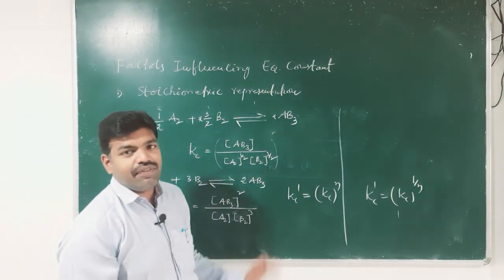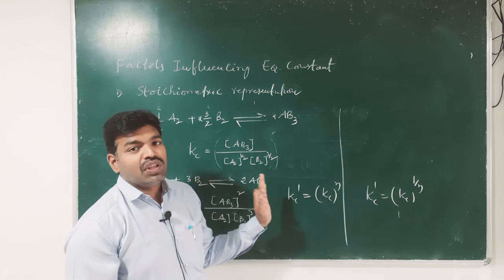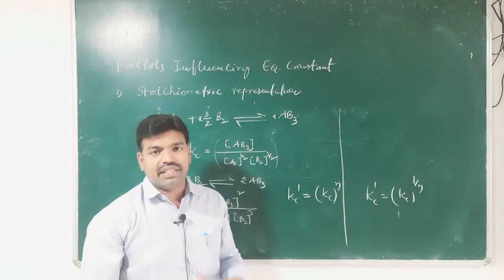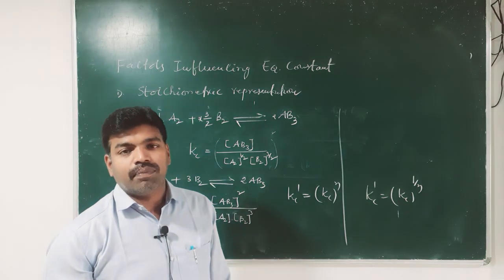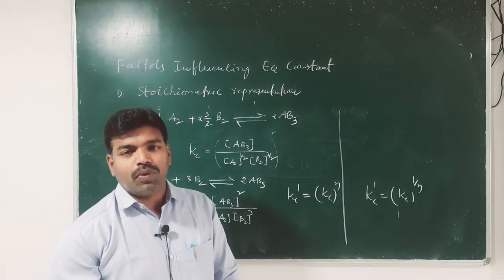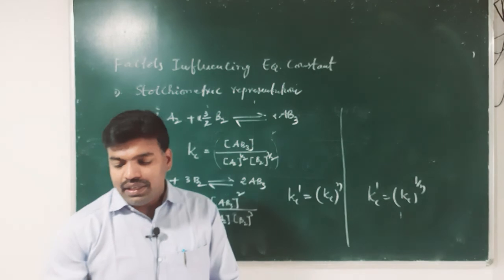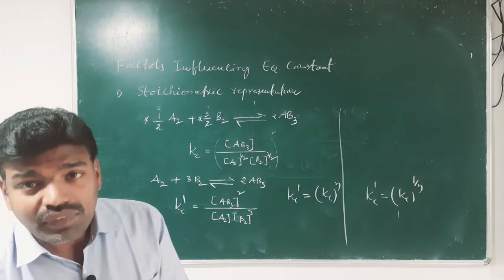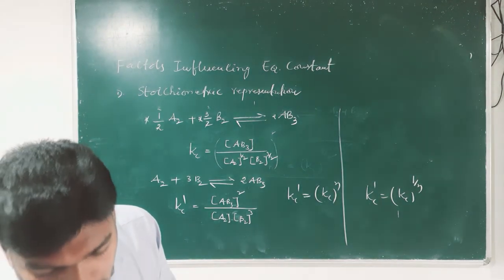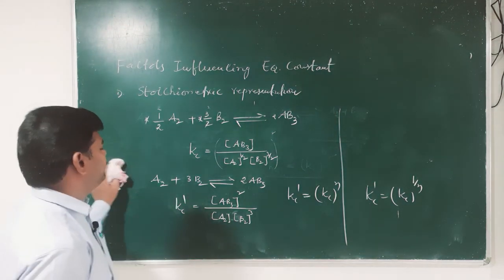So, these are the factors which influence the equilibrium constant. This is one of the factors. And the most important factor that influences the equilibrium constant is temperature.